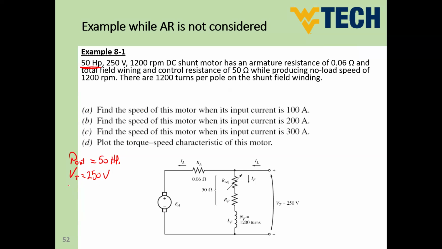So this is going to be N_0, which is 1200 RPM. If you would like to get omega_0 from that, you can say N times pi over 30. So this will provide you with a value of your speed in radian per second.